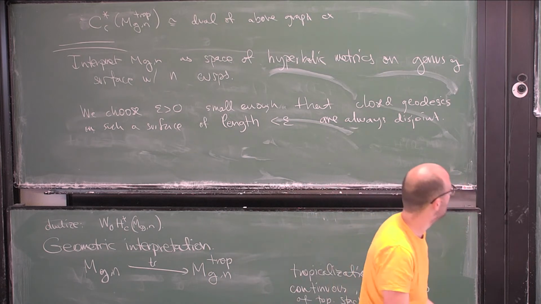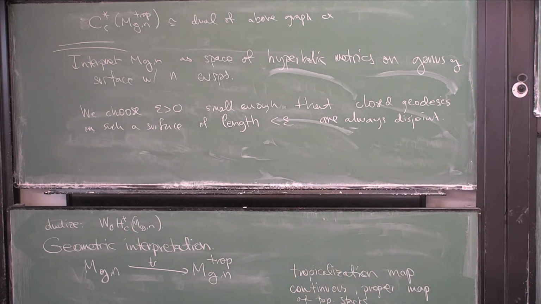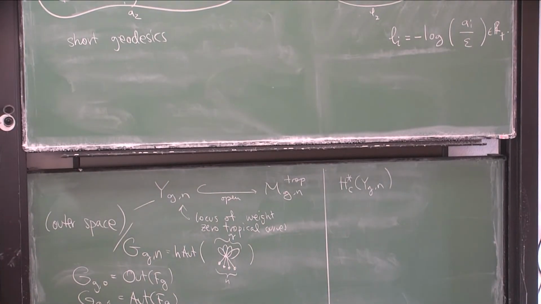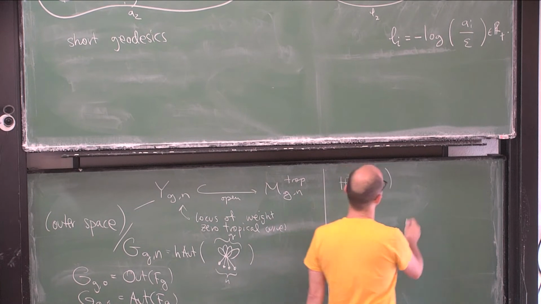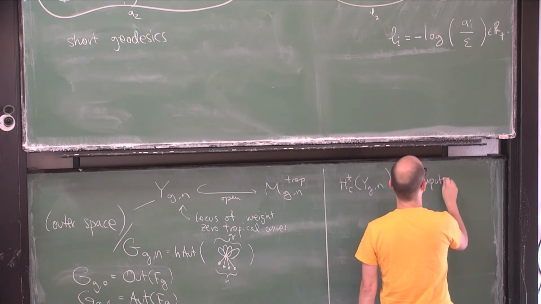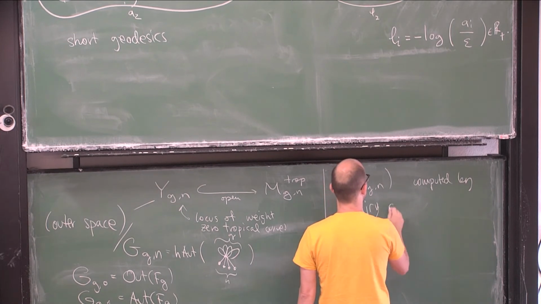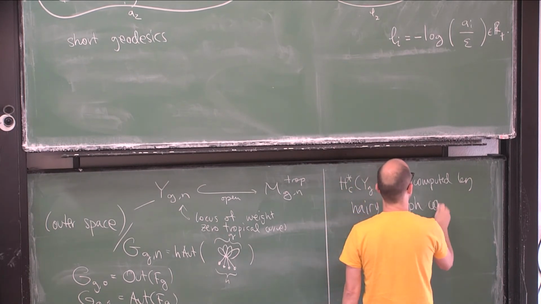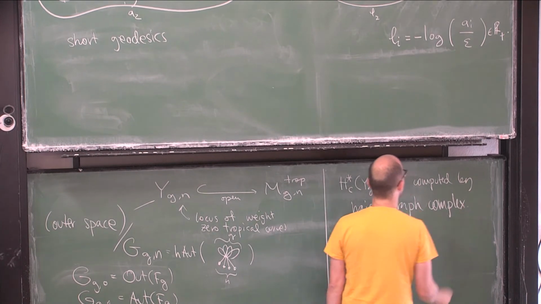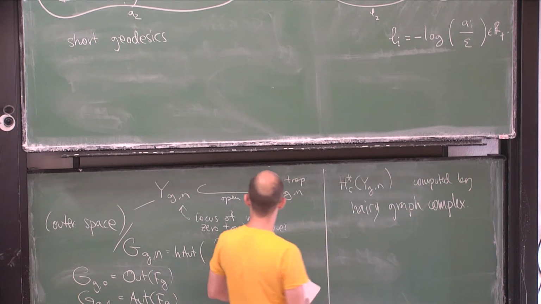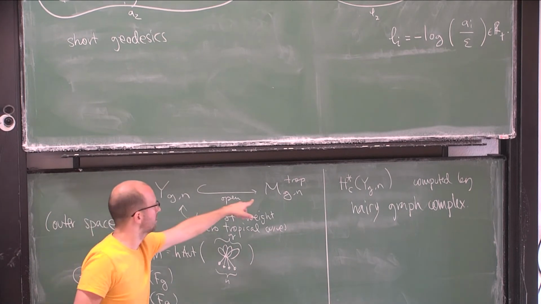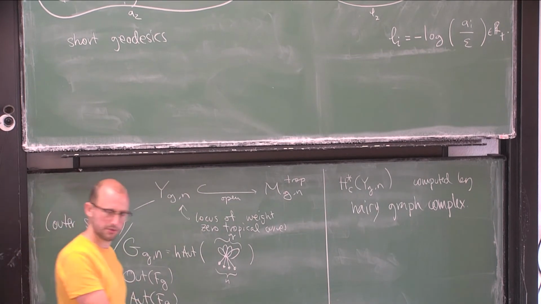And the support of this YGM is naturally computed by Harry graph complex. Homology is functorial for open inclusions.